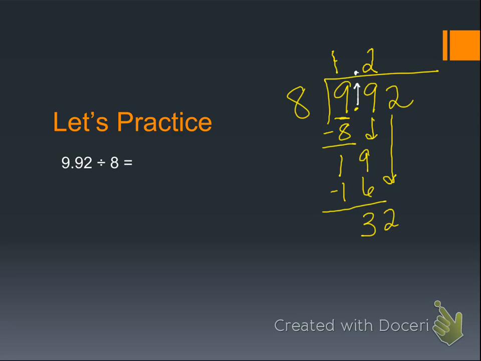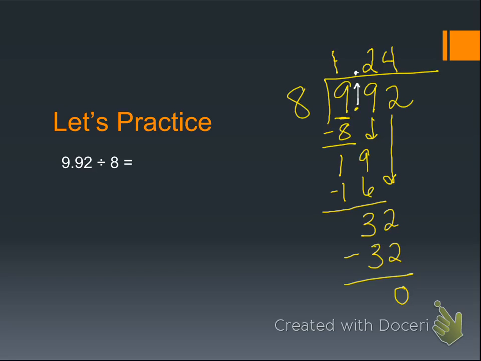And please keep in mind how everything is nice and neat and organized as I'm doing this. 32 divided by 8 is 4. I write it right above the 2 in my dividend. 4 times 8 is 32. Subtract, and I'm left with 0.